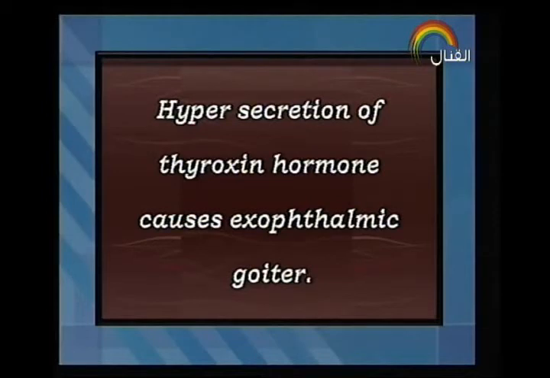Why the extra or hypersecretion of thyroxine hormone? Hyper here means extra, something more than the normal, okay? Hypersecretion of thyroxine hormone causes something called exophthalmic goiter or exophthalmosis goiter.